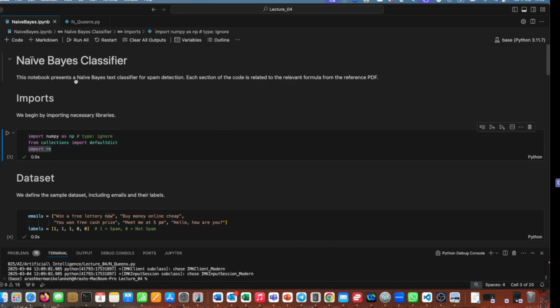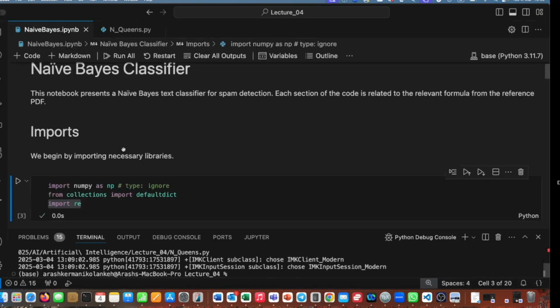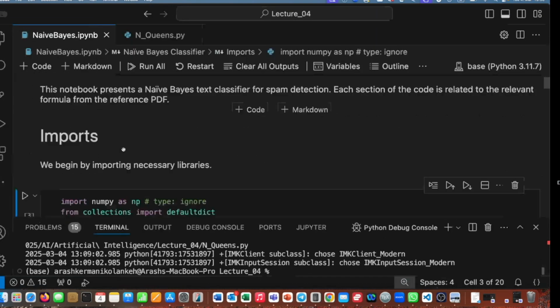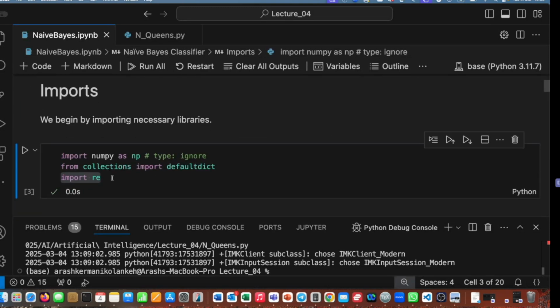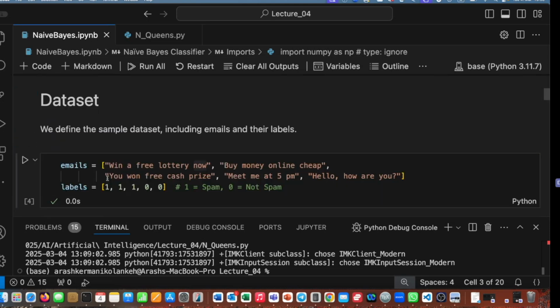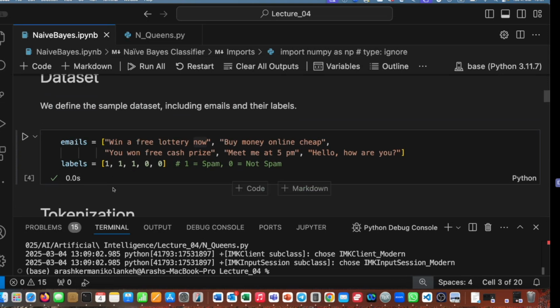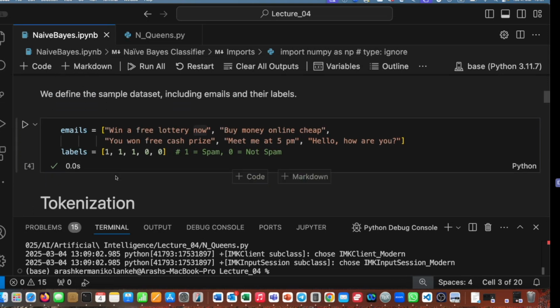Okay, let's go to the code. Naturally, we are using Python code. We should import some things. The only thing that you may not have seen before is regular expressions for string processing, which is nothing fancy.